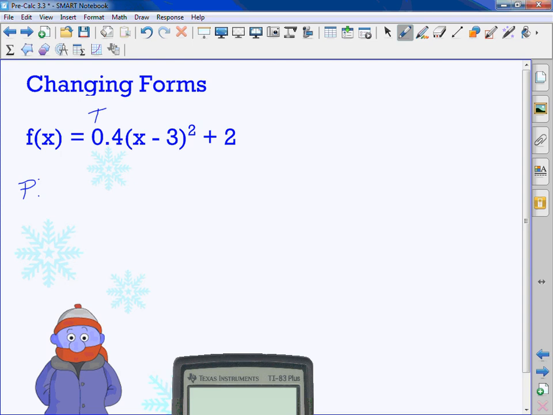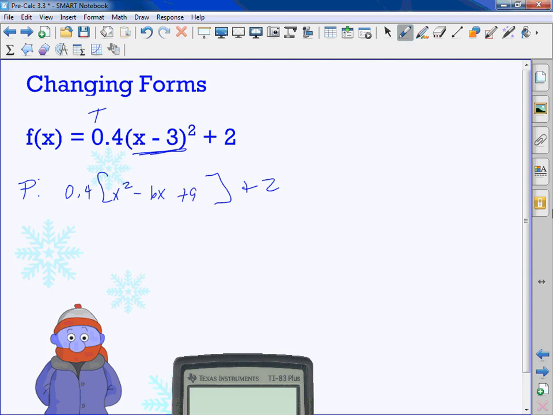Square the x minus 3, distribute. So I have 0.4 times whatever this is squared. Expand x minus 3 squared: x squared minus 6x plus 9.